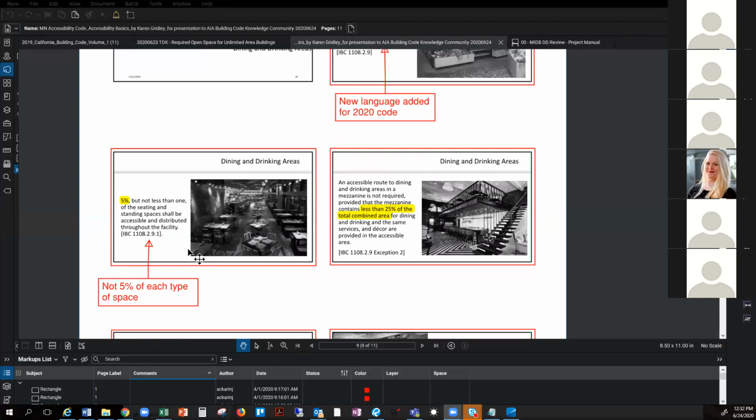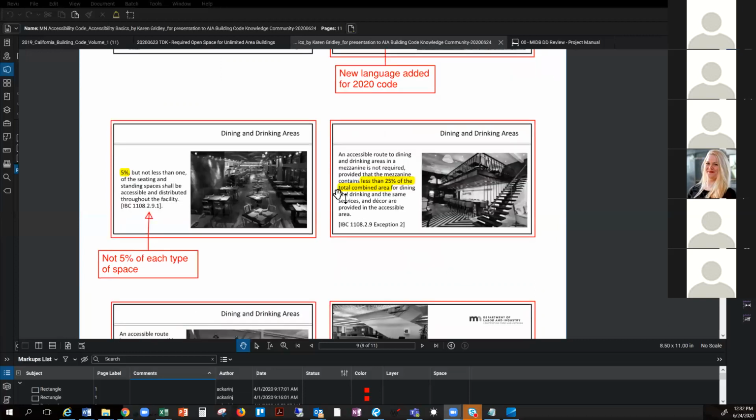And really the comment here was not 5% of each type of space, but 5% of the space, which can have a factor depending on how you're designing your spaces. And we want to emphasize the 25% of the total combined area for dining and drinking for that provision for the accessible route.